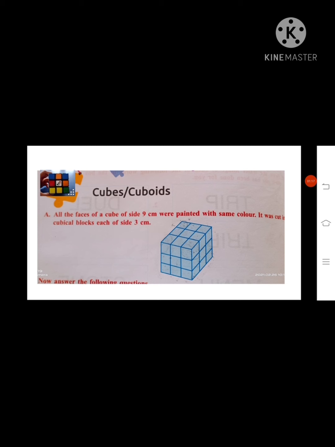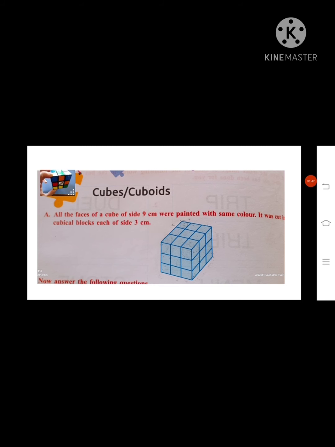If we count, we can see at one side, 1, 2, 3, 4, 5, 6, 7, 8, 9. At one face, a total of 9 cubes are there. So this is a big cube.